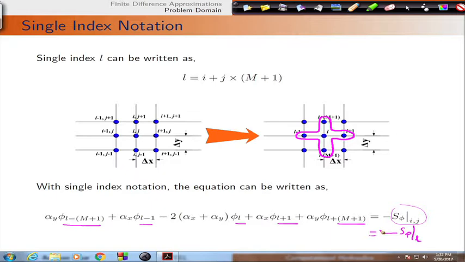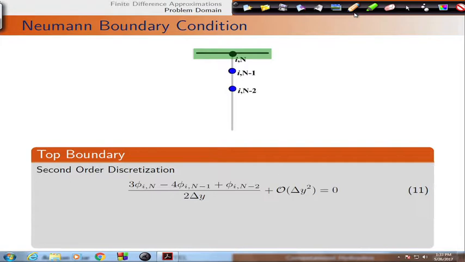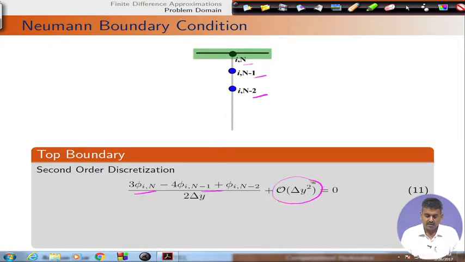For boundary points, we need to define the boundary condition. For Dirichlet boundary, things are clear, because we can directly specify the boundary conditions without any error. But for Neumann boundary, we need to consider second order discretization, because we have a second order accurate scheme for the governing equation. So, we can include n minus 1, n minus 2 points, and this is second order accurate.